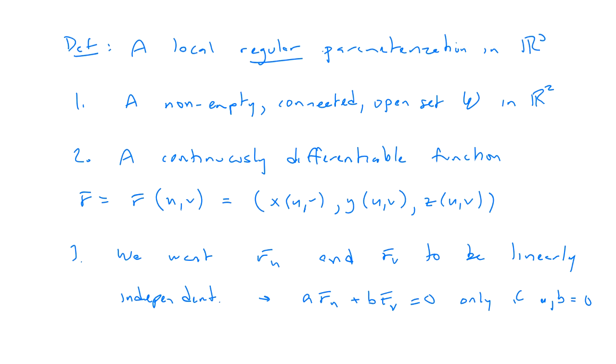This definition generalizes to however many vectors we have. So if there are 5 vectors, again, the linear combination equals 0 only if all the constants are 0. So here a and b are numbers.